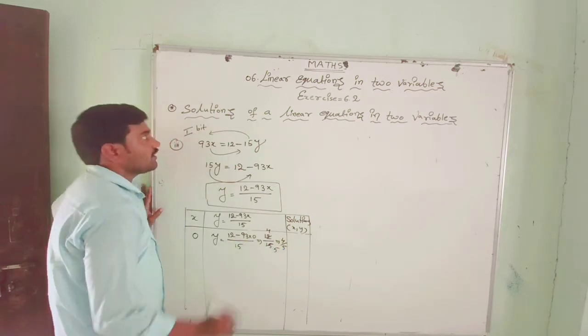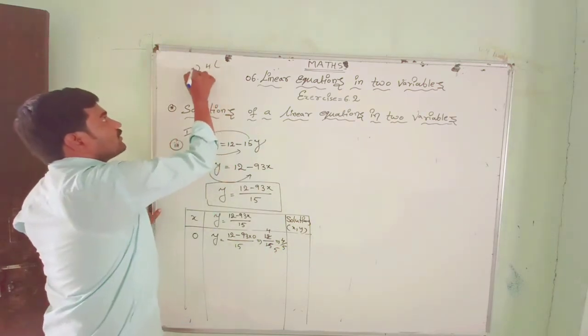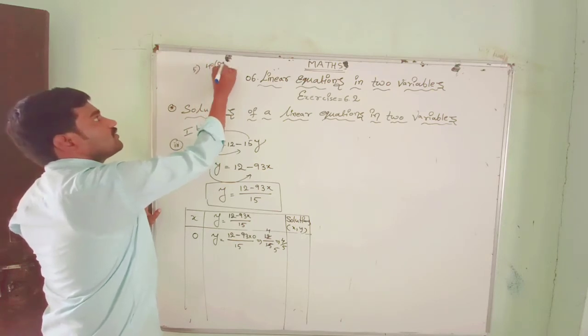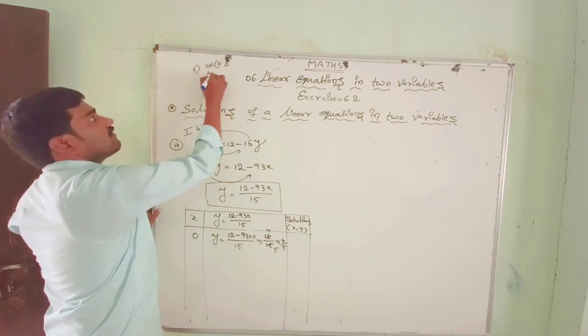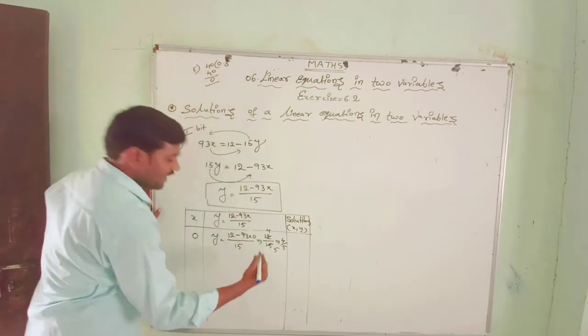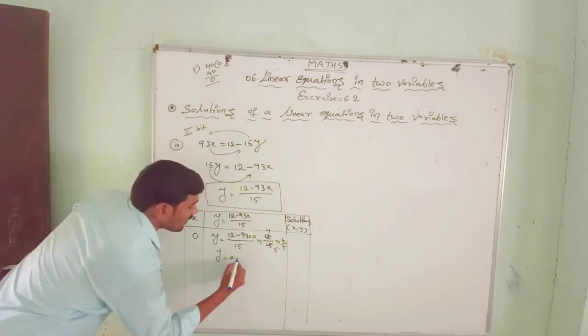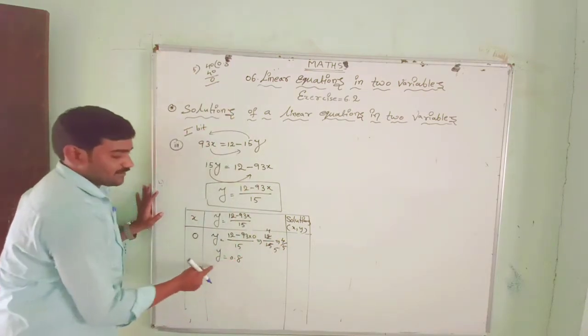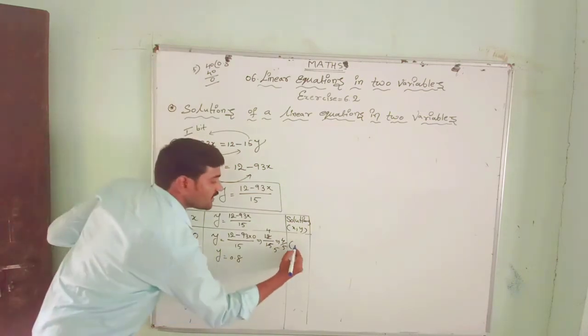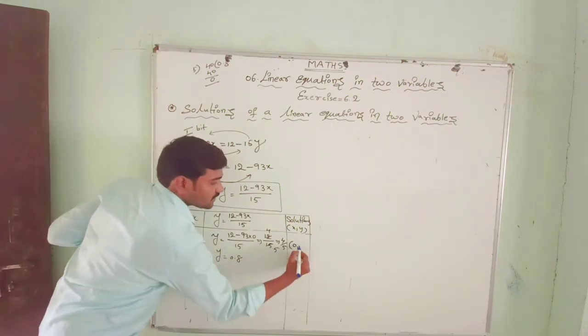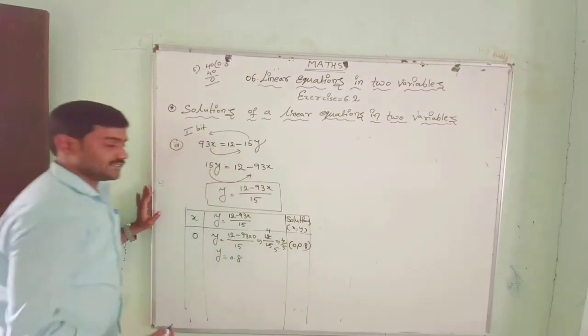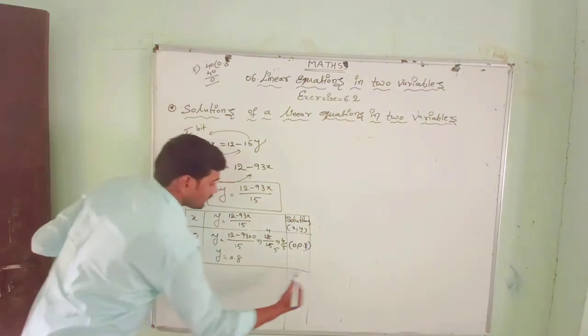If you divide 4 by 5, 5 8s are 40, so you get 0.8. Y equal to 0.8. 4 by 5 is nothing but 0.8. So x is 0, y is 0.8. This is one solution.